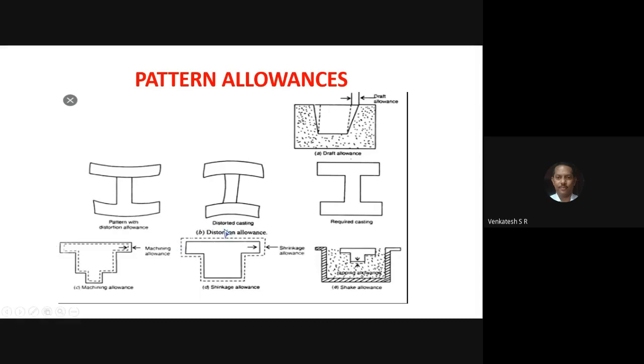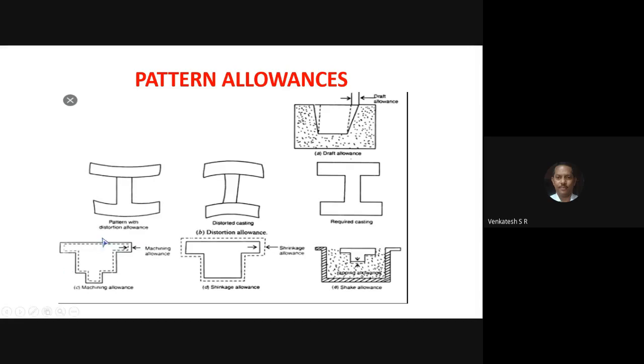In the distortion allowance, again you have three types. One is machining allowance. See, this is the shape of the casting. The dotted line indicates the shape of the casting. The thick line indicates the extra metal present on the casting, which is removed after solidification by a machining operation, using a grinding operation or shaping operation or milling operation.